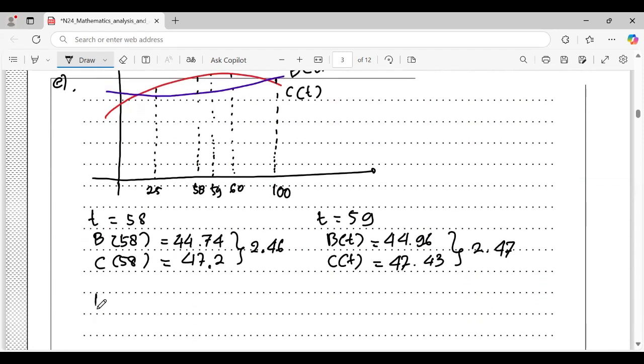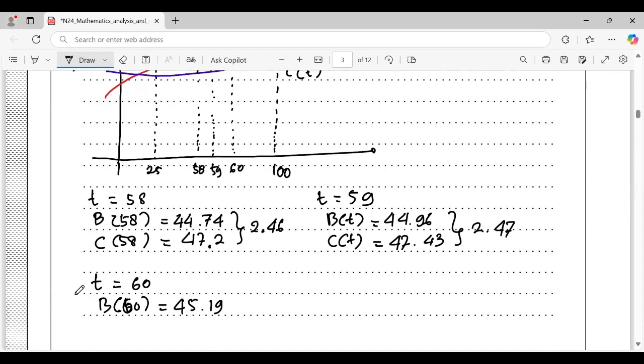And when t equals 60, B(60) equals 45.19, and C(60) is 47.65.